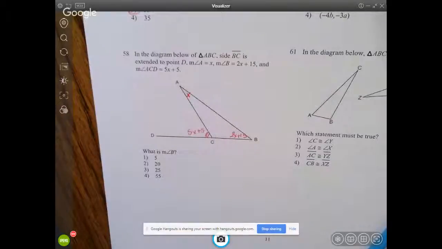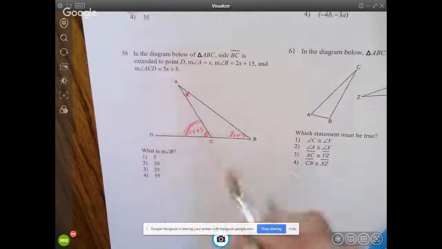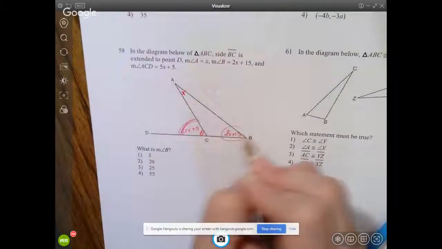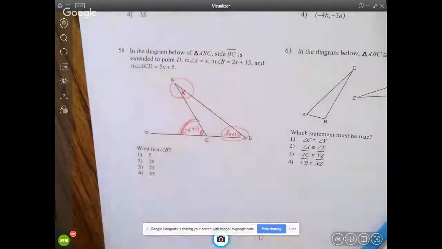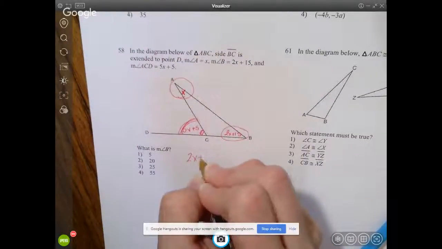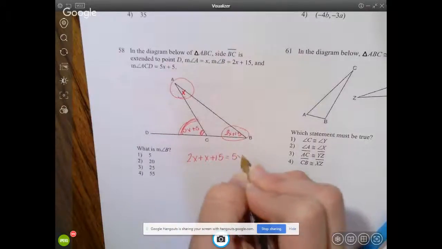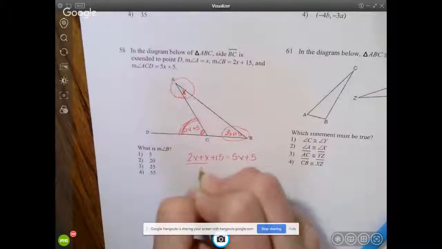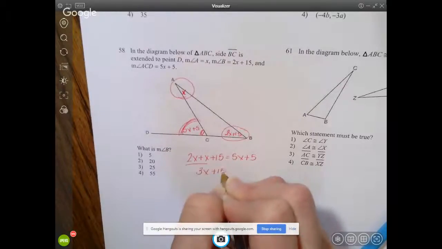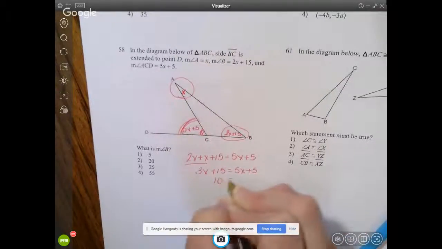This is the exterior angle theorem, which says the exterior angle of a triangle is equal to the sum of the two opposite angles. So we know that 2x plus x plus 15 equals 5x plus 5. This becomes 3x plus 15 equals 5x plus 5.